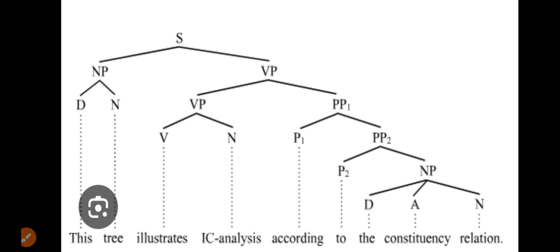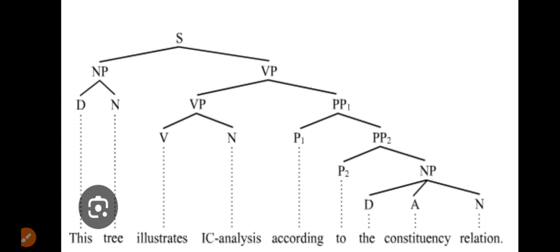So the first preposition we drop, then again it is a prepositional phrase, because the second preposition will be dropped, to. Then the noun phrase is determiner the, adjective constituency, and noun relation.